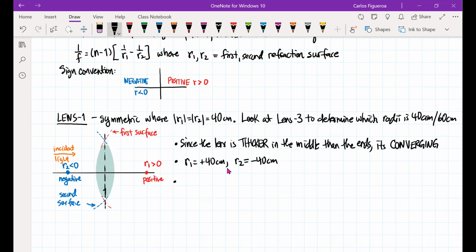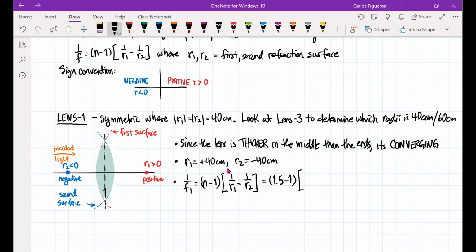Now the lens maker equation says this: 1 over f1 is n minus 1 times the quantity 1 over R1 minus 1 over R2. Let's put in our numbers. This is 1.5 minus 1, so that's 1/2.